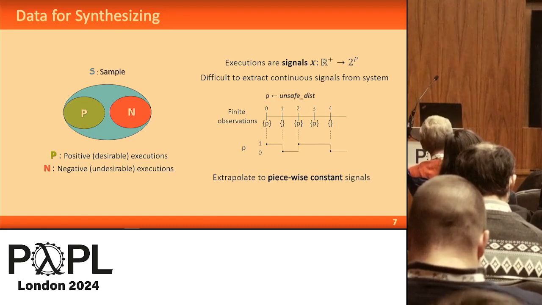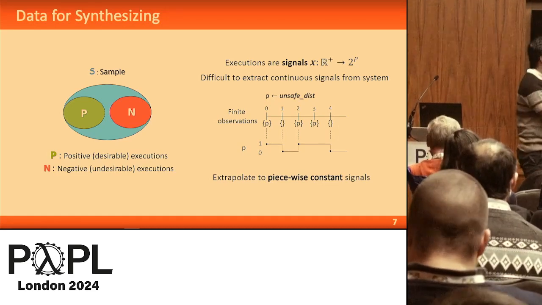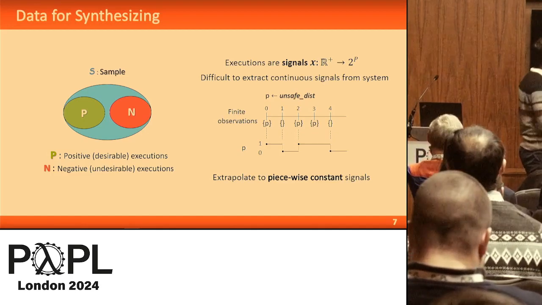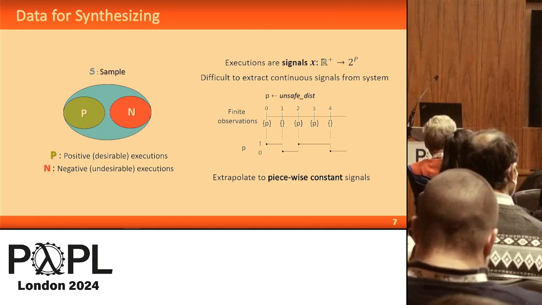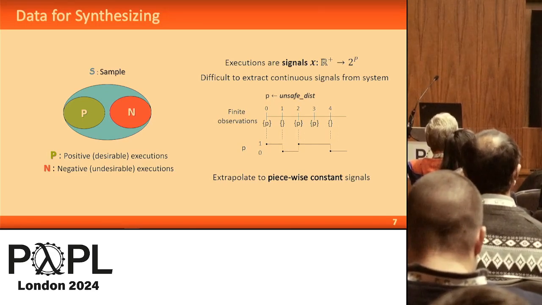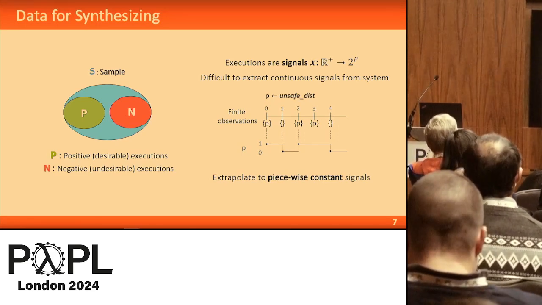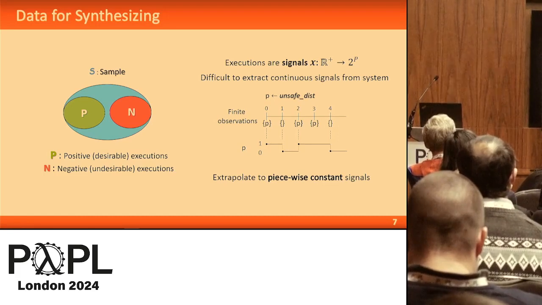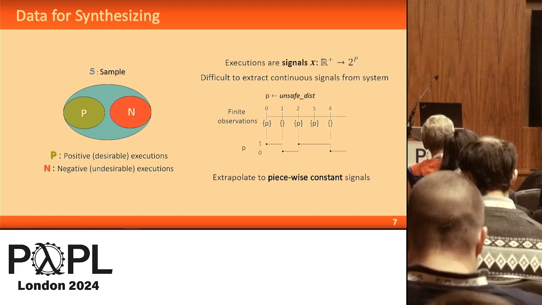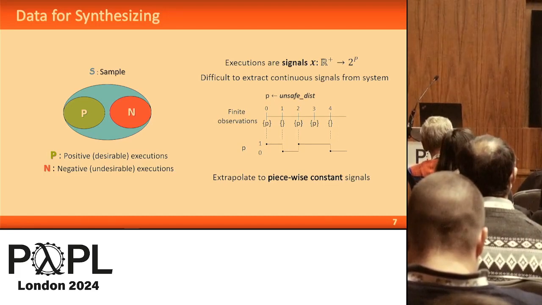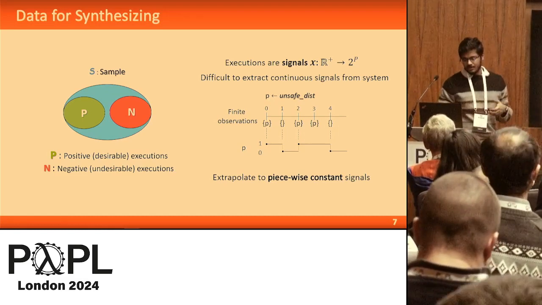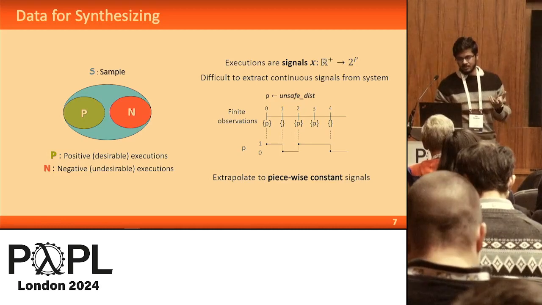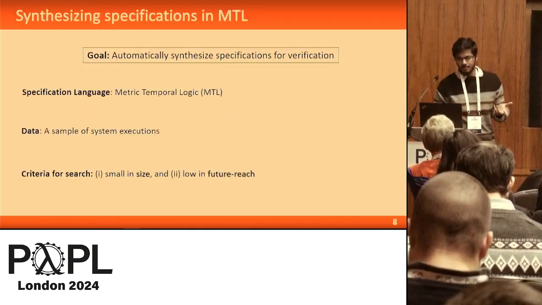Here I would use p instead of unsafe distance to make it smaller. So here at the 0th time point it reached an unsafe distance, at the 4th time point it did not. So what it would mean in a piecewise constant signal is that in the interval 0 to 1 it was in an unsafe distance, from interval 1 to 2 it was not, and so on. So we have this sample of executions as examples.